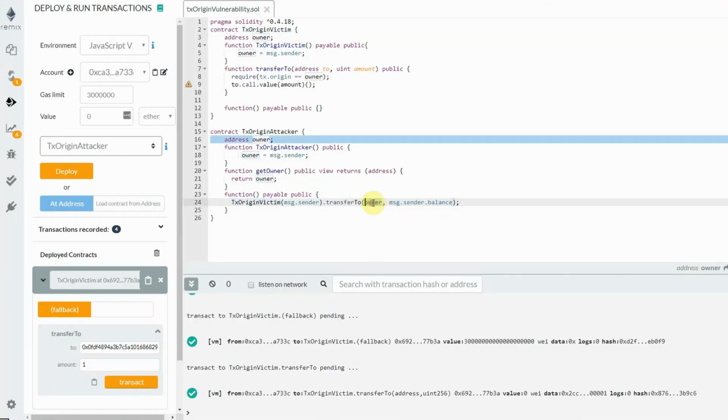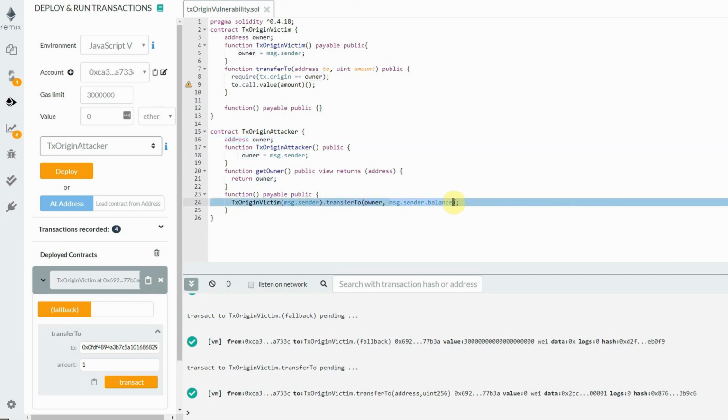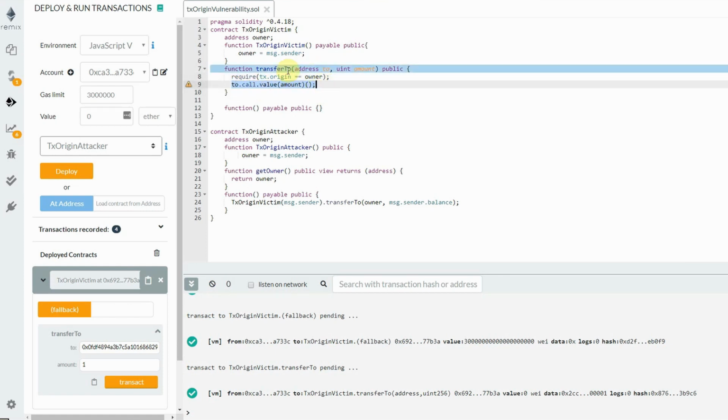So we are transferring to the owner of this contract, which is the attacker of course, the balance of the victim contract, using the transfer function of the victim itself. Then the victim checks if the origin of the transaction is the owner, and yes, it is, because the owner executed the transfer function, and so it sends the money to the attacker.